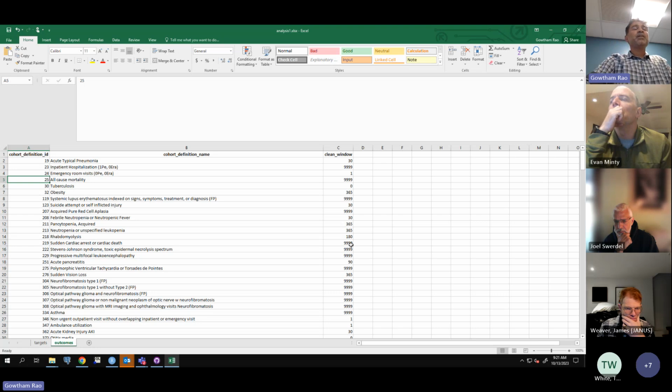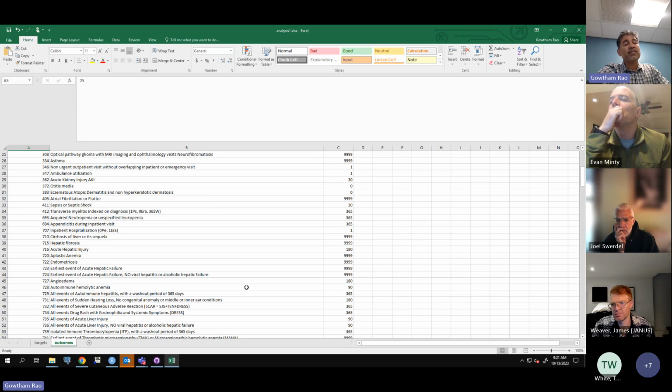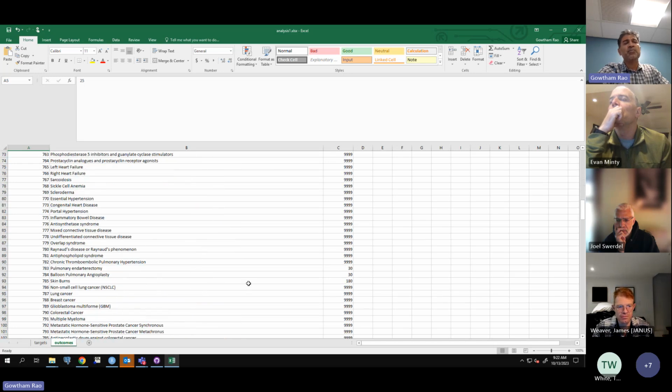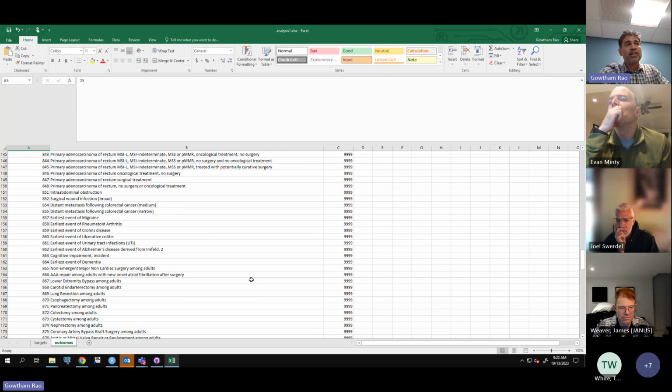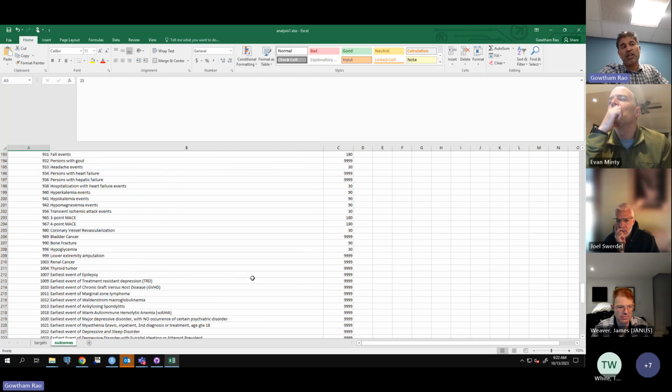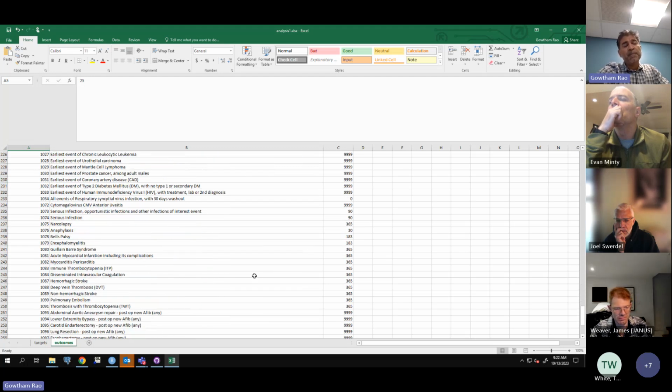Now, the scope of our work group is to look at all these core definitions and think in terms of their operating characteristics. These core definitions have been submitted to the OHDSI Phenotype Library by a submitter.